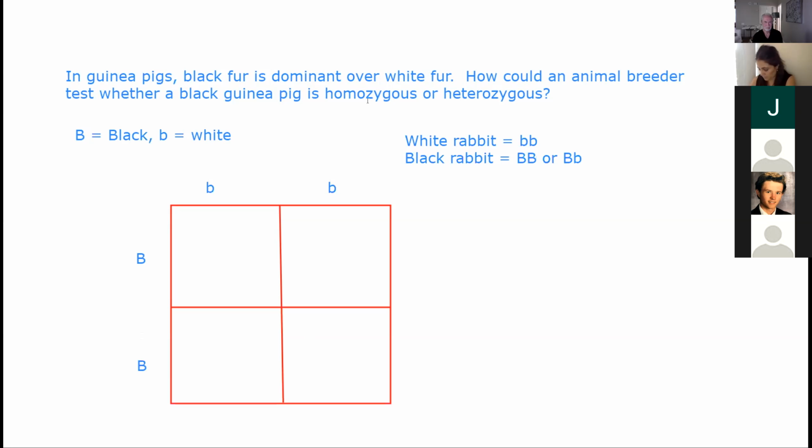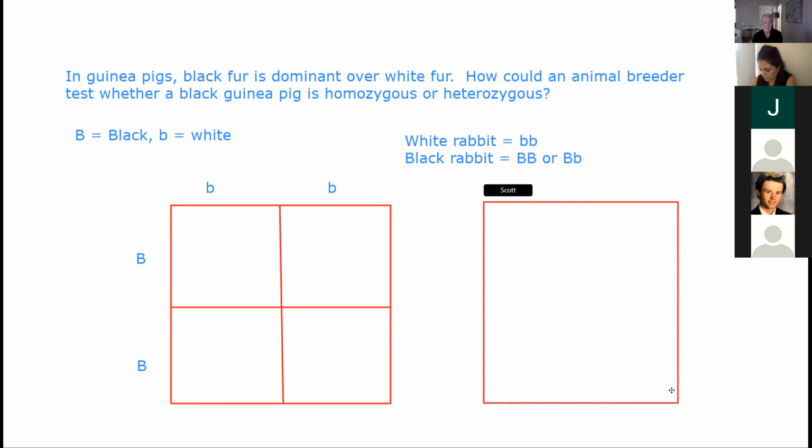So we would really do 2 different Punnett squares. The actual answer to this question is simply you would do a test cross, and that would be the end answer. But we're actually going to work this out just to make sure that you guys see why they do this kind of thing and why the information works out.